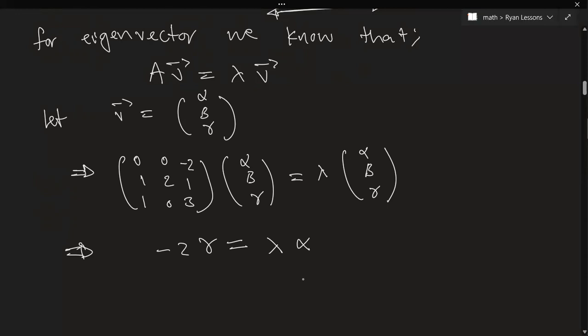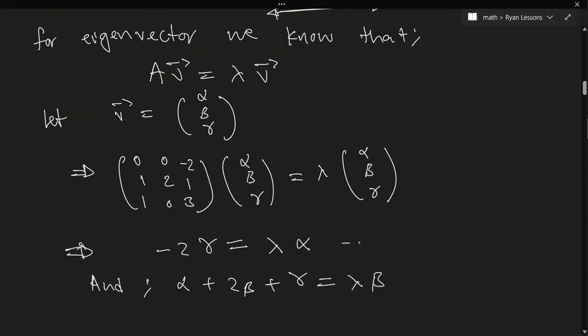Then I can multiply with the second row, and I'll get alpha plus 2 beta plus gamma equal to lambda beta.